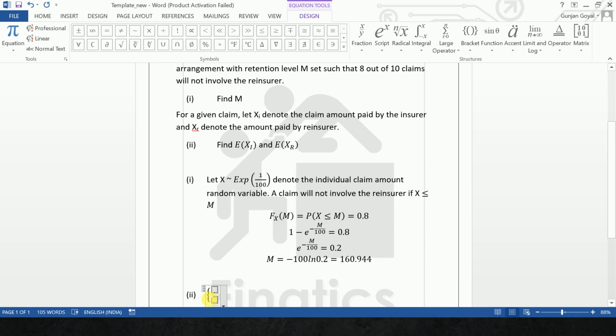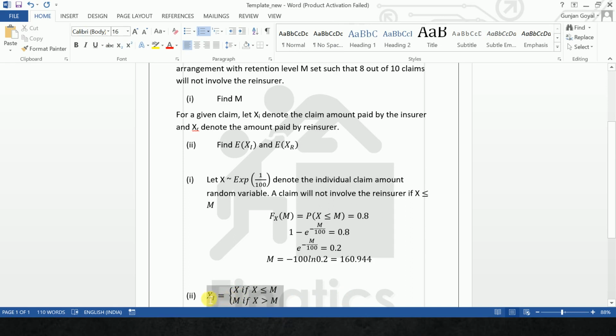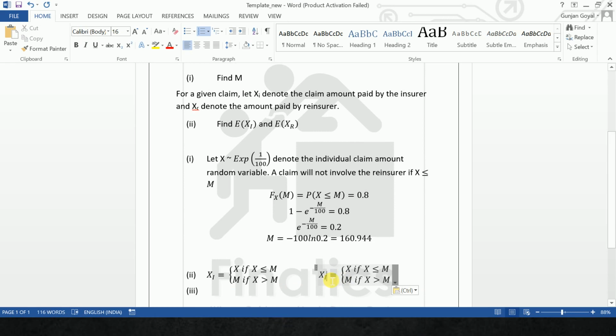For XI, which is my insurer, it is X if X is less than or equal to M, and M if X is greater than M. Similarly I'll copy and paste it on the side. For XR, in the first case it's 0, and in the second case it's X minus M if X is greater than M.